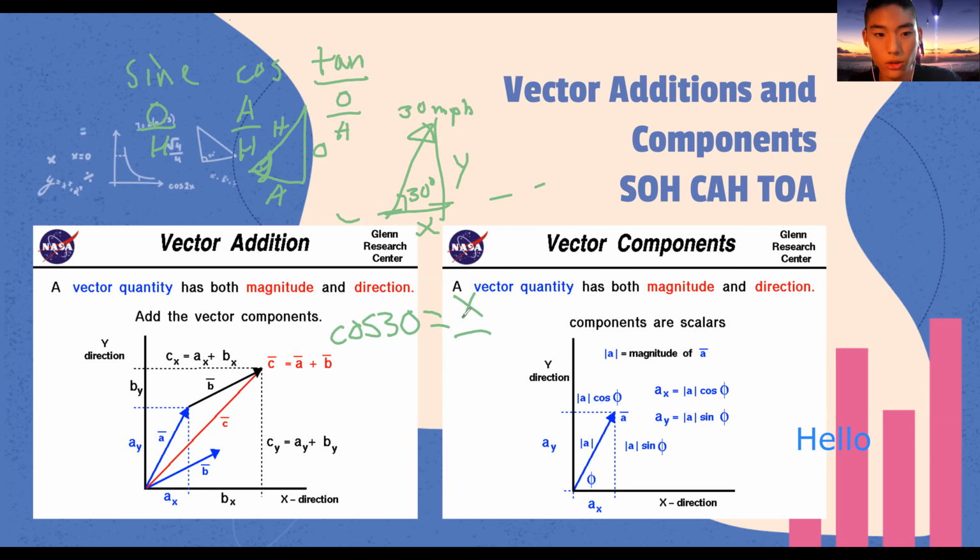So you would have 30 on the bottom and x on top. To find x, you do cosine 30 times 30, because that will tell you the x component. For the y component, it's the same thing except you use sine. So you have sine 30 equals y over 30 miles per hour, and to find y, you cross multiply and do sine 30 times 30 miles per hour.